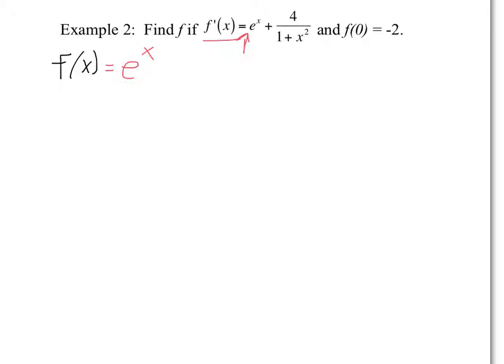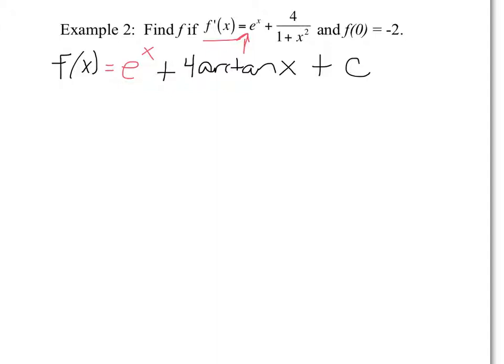Hopefully you noticed that the antiderivative of 1 over 1 plus x squared is going to be arc tangent. Since there's a 4 out front, that just becomes the coefficient of our arc tangent x. And then we cannot forget to tack on our plus c.